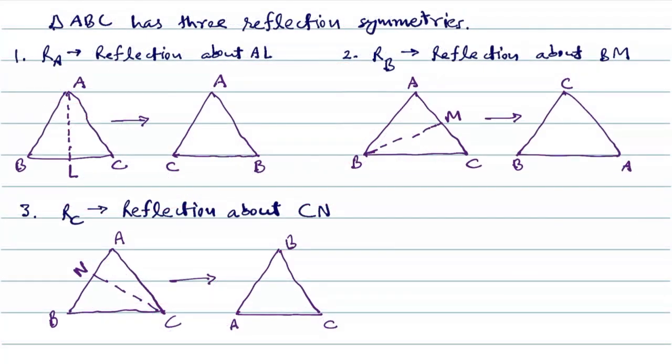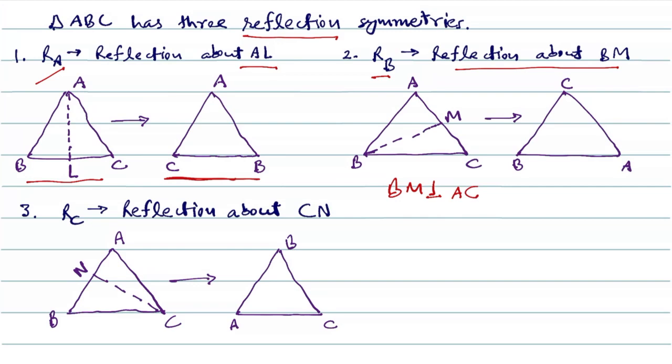Triangle ABC has three reflection symmetries. First reflection symmetry is RA. It is reflection about the line AL, where AL is perpendicular on BC. In this reflection, A is kept fixed and B and C are interchanged. Second symmetry is RB. It is reflection about BM, where BM is perpendicular to AC.